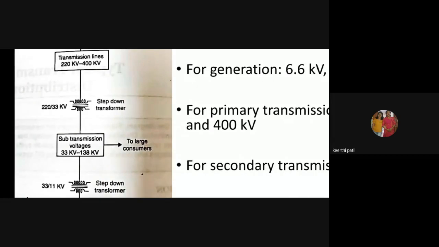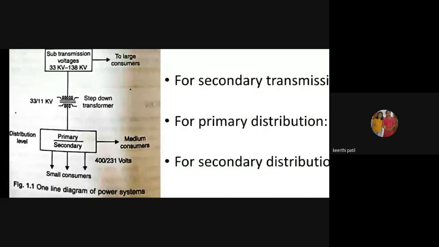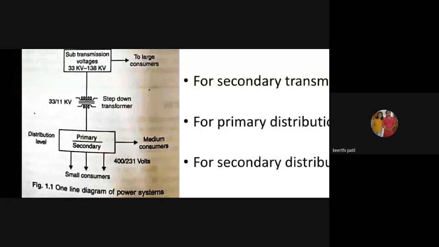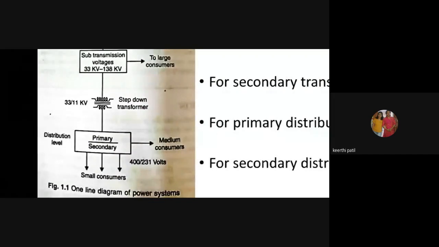Then after the sub transmission voltages, there is a step down transformer again, which is 33 kV to 11 kV. So we are again getting back to 11 kV.